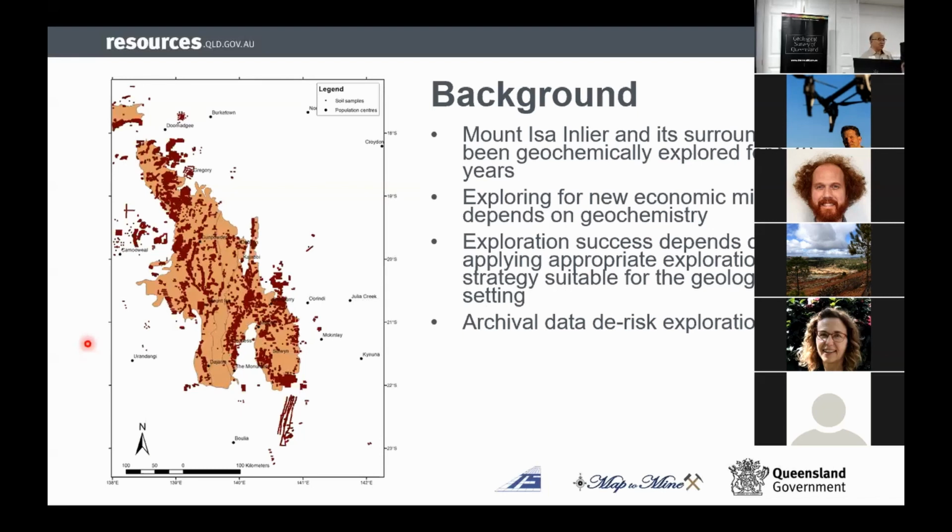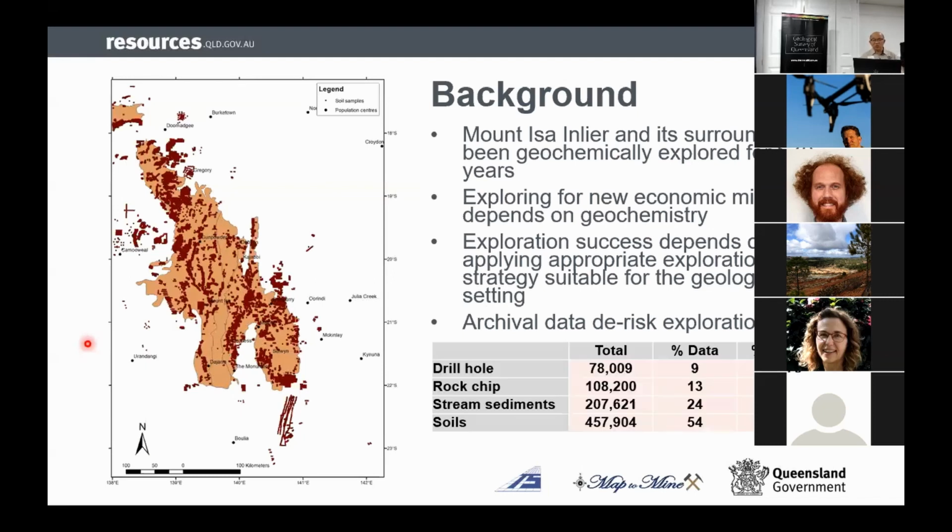Another thing is that there's a lot of archival data that you, as an explorer, should use to de-risk. I mentioned there's about 1 million data points. There are already 78,000 boreholes, and in every borehole there's plenty of data. If you look at the previous work, this is for soil samples over Northwest Queensland.